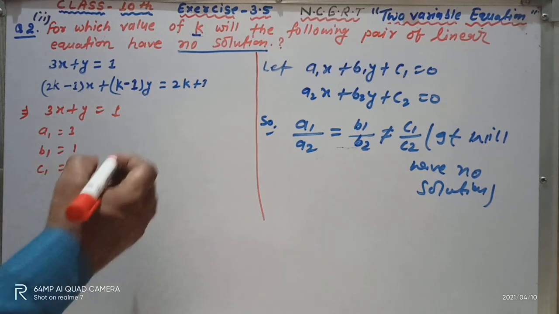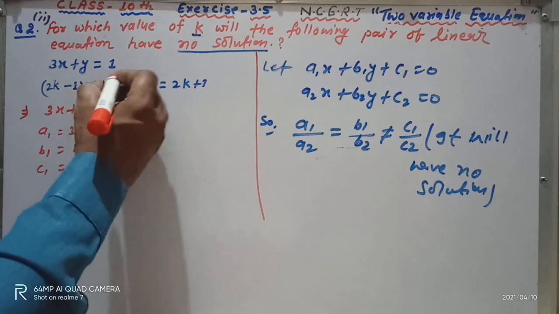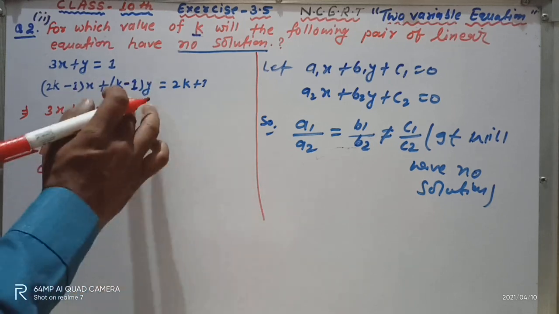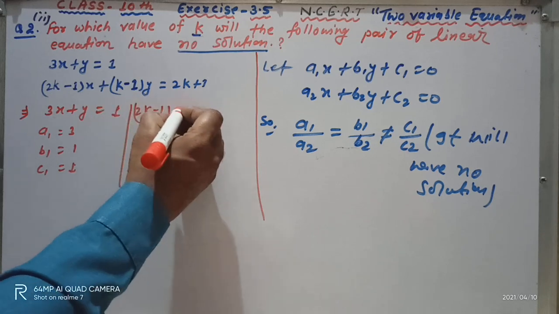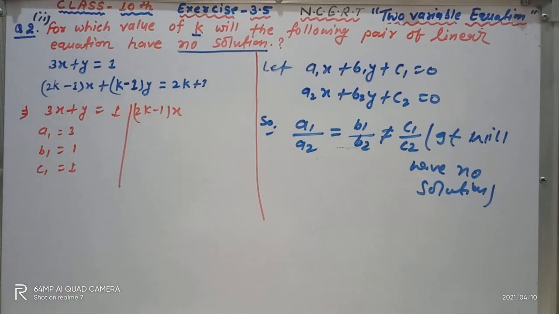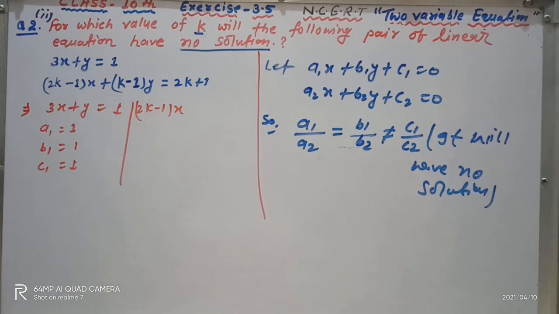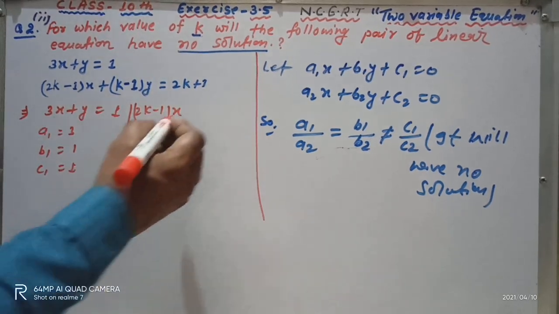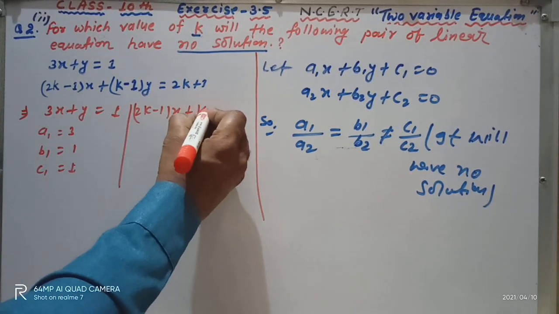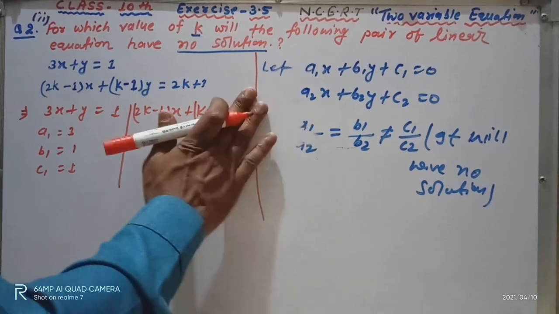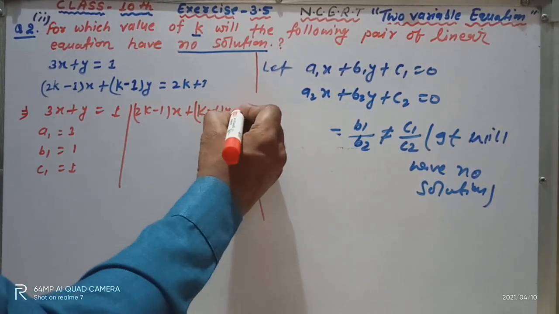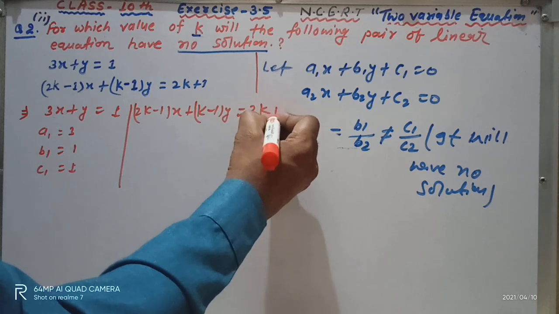Now similarly, the second equation is (2k minus 1) into x plus (k minus 1) into y is equal to 2k plus 1.